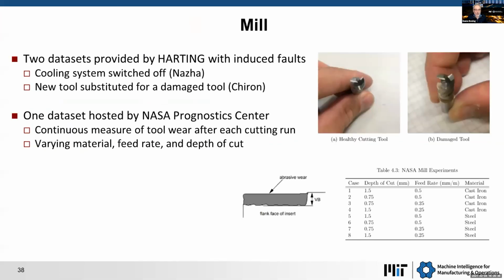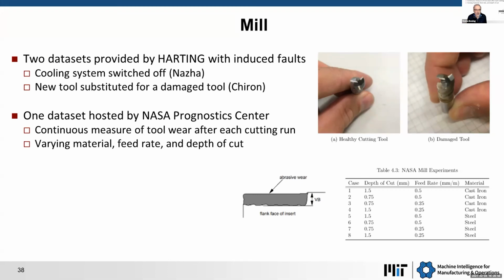A somewhat harder problem is milling data. And in this case, you're milling different kinds of materials with the drill bit, and over time, the drill bit wears. You might then replace that and see if you can detect worn or non-worn mills.